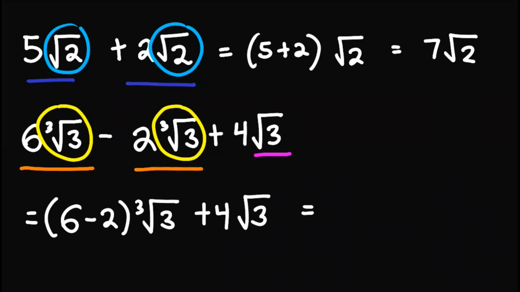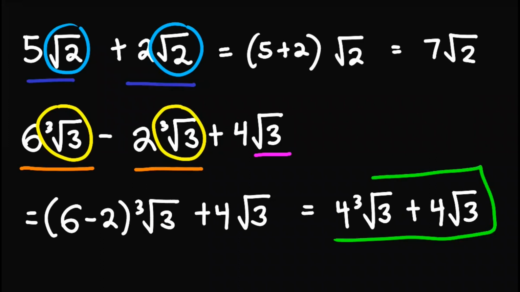Simplifying, this one is equal to 4 cube root of 3 plus 4 square root of 3. And this one out here is the simplified version of this problem.